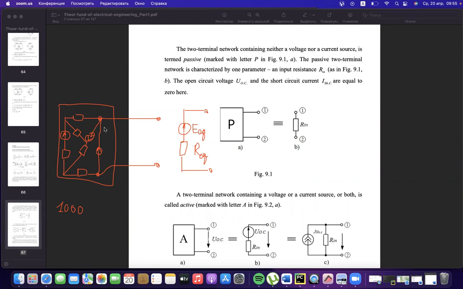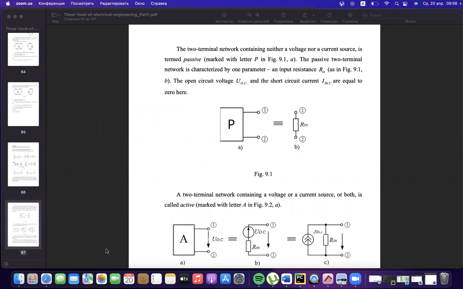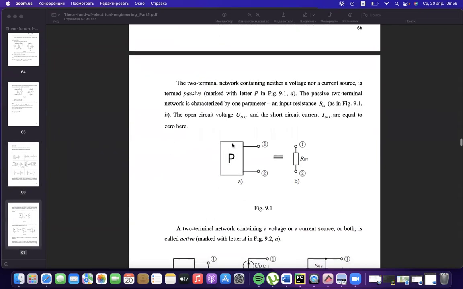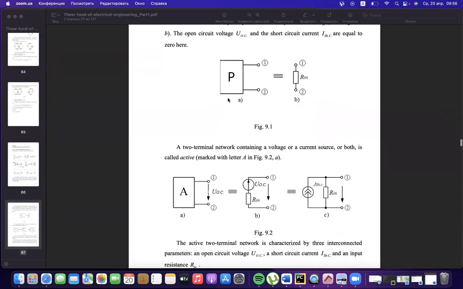This circuit is called a two-pole because it is a mathematical model with two points of connection, two poles. Or it also could be called just a terminal. Some circuit with two points of connection. If inside this circuit there are only resistors, it's called passive, and it could be substituted only by an equivalent resistor.